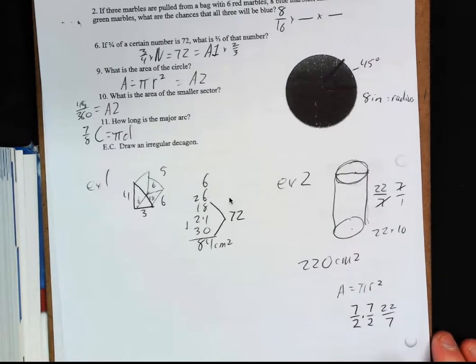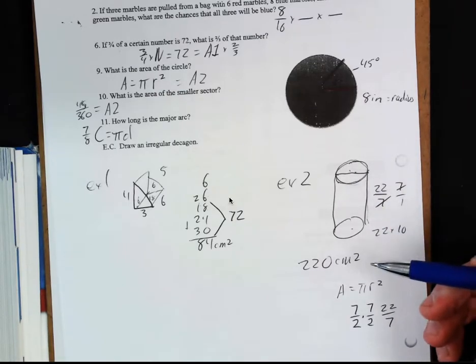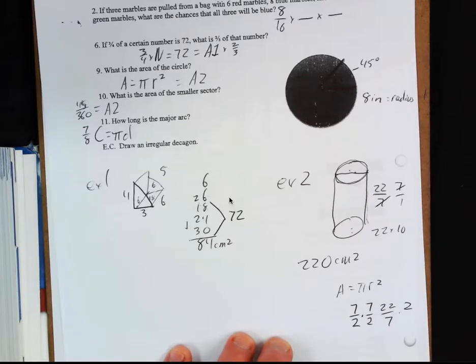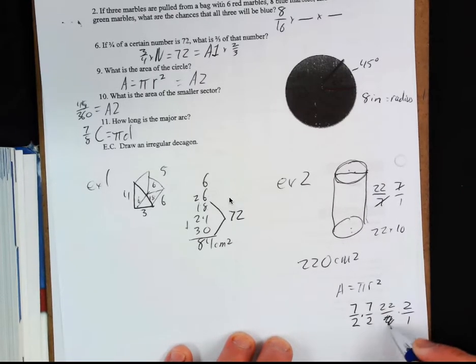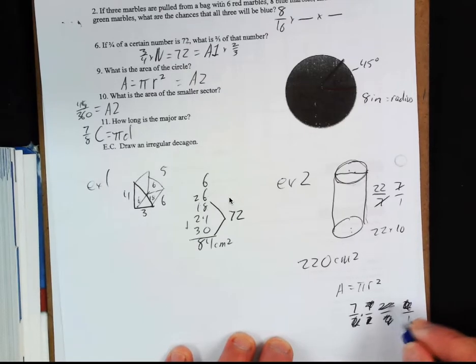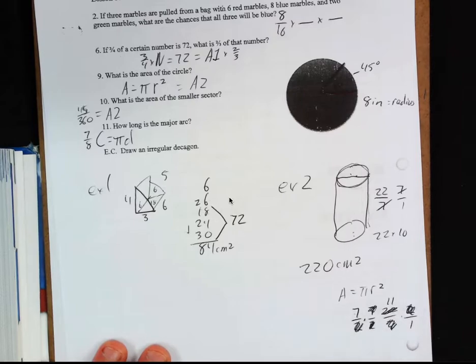Now, how many circles do I have? Well, I have a circle on the top and I have a circle on the bottom. So I have to take that times 2 circles. All right, let's do some canceling. 7 on the bottom, 7 on the top. 2 on the bottom, 2 on the top. 2 on the bottom goes into 22 11 times. What am I left with? 7 times 11.